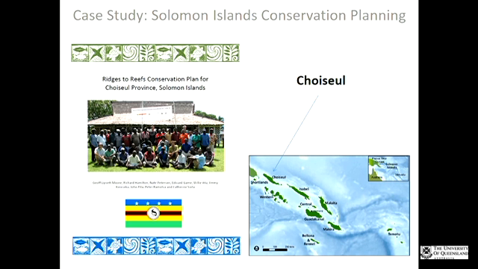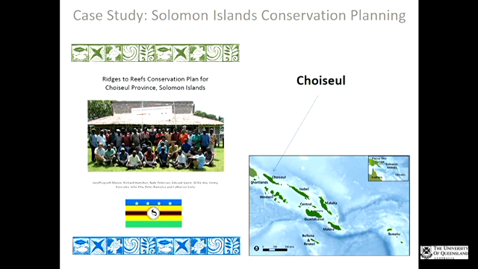The first one I was going to mention is conservation planning. This is a biodiversity conservation focused project in the Solomon Islands, run by the Nature Conservancy, and they were interested in using GIS to identify the priority areas for conserving key biodiversity on Choiseul Island in the Solomon Islands.